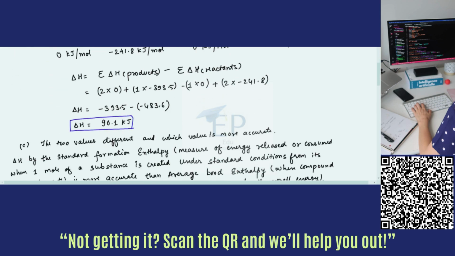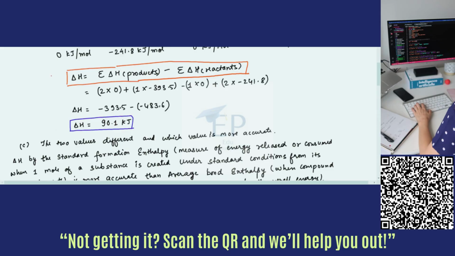But here, if we are calculating for the standard enthalpy, it is the summation of ΔH of products minus the summation of ΔH of reactants.